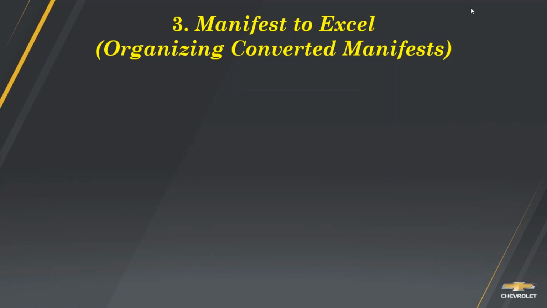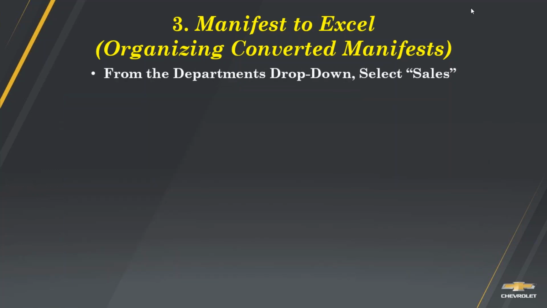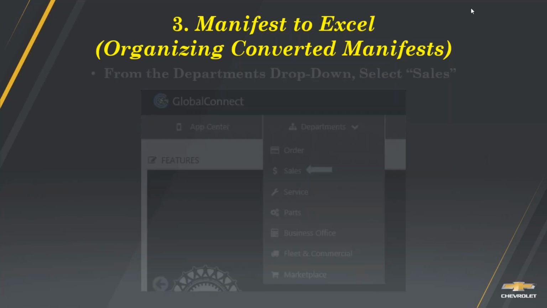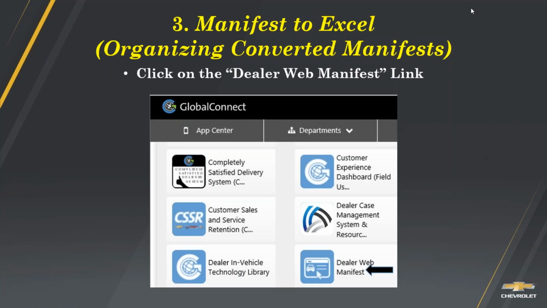So you go to Global Connect, obviously, and log in. Once you're in there, in this case, I'm going to take you to Dealer Web Manifest. So we're going to go to the Departments drop-down and select Sales. And then click on that Dealer Web Manifest link. Now this Dealer Web Manifest you find in Sales, but there are service lists in there too.